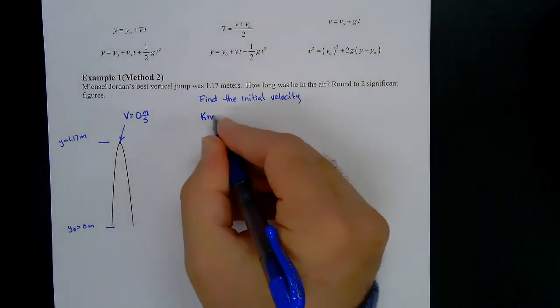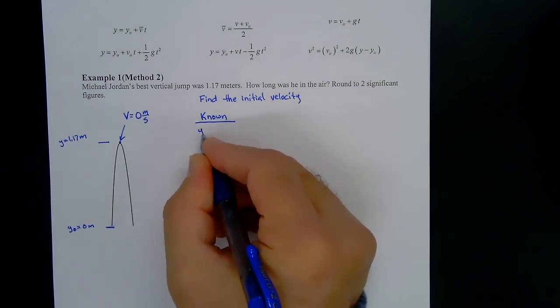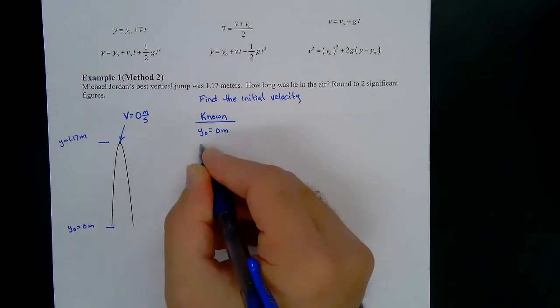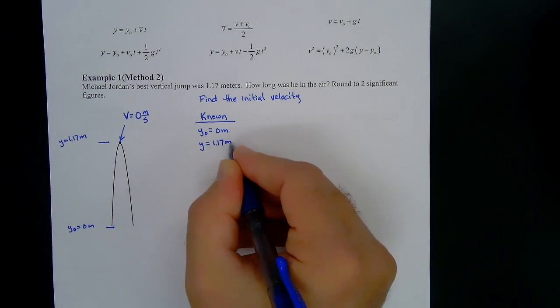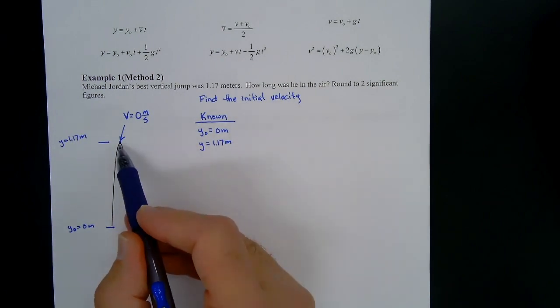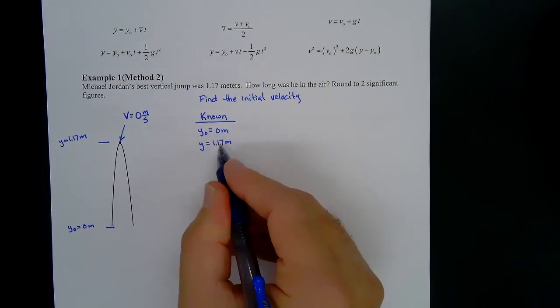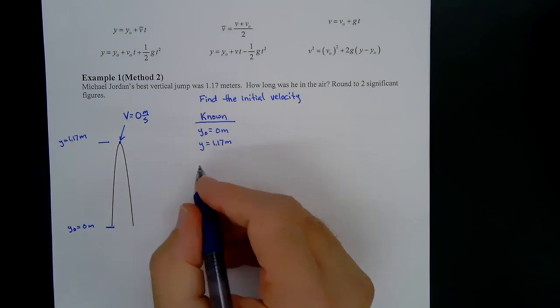So what's known is that my starting position is 0 meters. I know my final position is 1.17 meters, and that's when he's at the top of this, okay? And so that's the start of the motion, and that's the end of the motion. And how long does it take to get from here to here is what we're asking, okay?